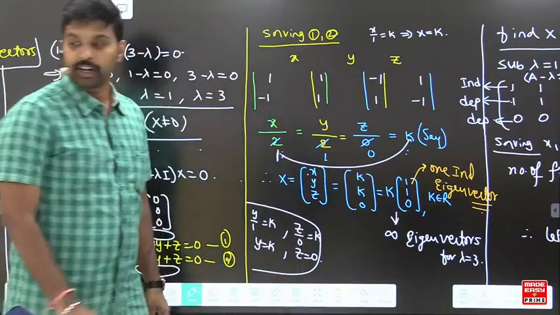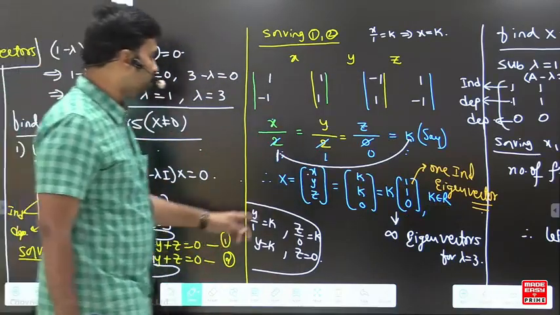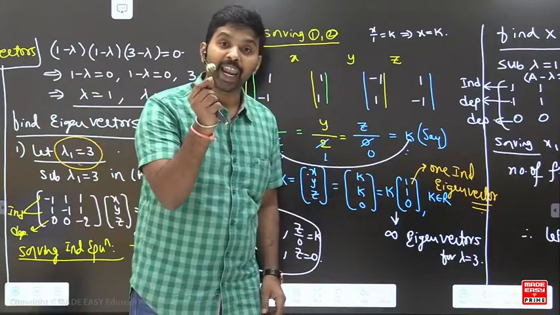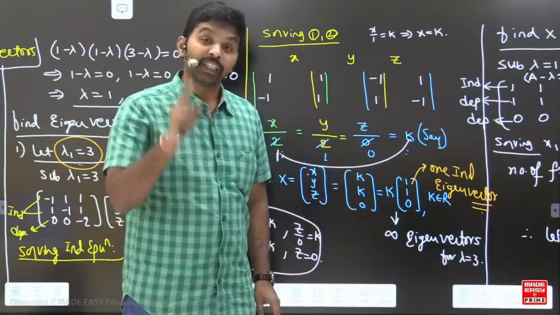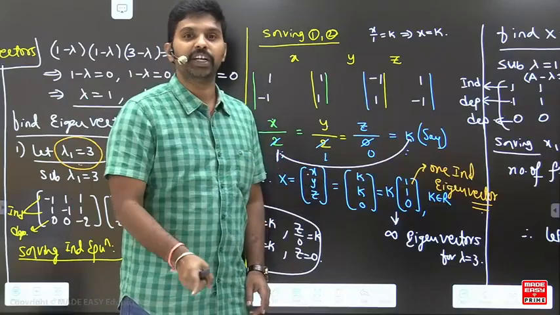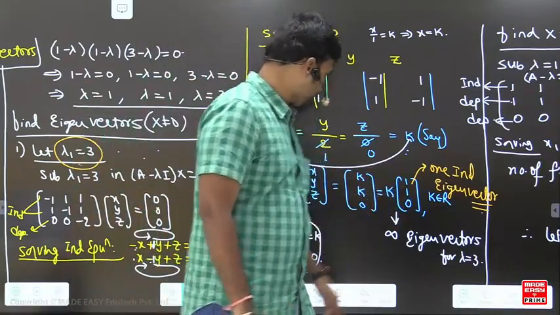I hope you understand. Only one independent eigenvector, because all of these are given by a scalar multiple of only one eigenvector. So that one eigenvector itself is independent, and the rest are dependent on it.